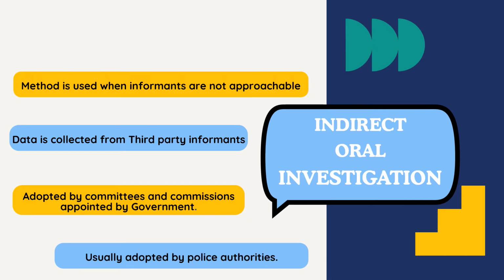In the previous method, that was direct personal investigation method, there were only two parties, that were investigator and the informants, and the informants were available, so you can meet them face to face and collect the data personally. But in this indirect oral investigation method, the informant is not available, so you have to collect the data from the third person.